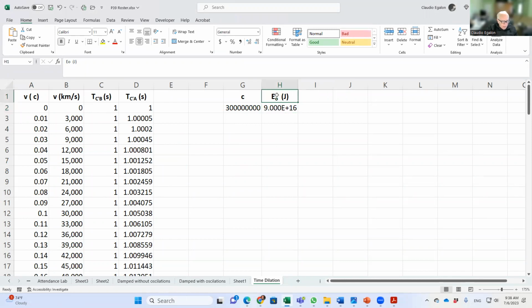What about expressing this term in kilowatt hour? Kilowatt hour is just how energies at home are measured. A household spends roughly, on the low side, 300 kilowatt hour per month.